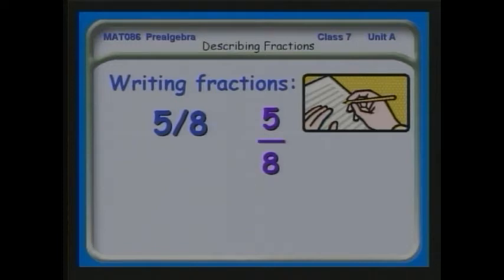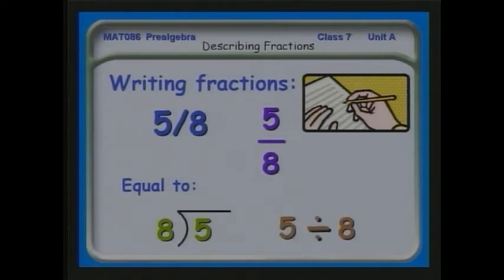5/8 will work. And it turns out those two representations are equal to 5 divided by 8, or expressing the division this way. So if you see 5/8 and you want to do math with it, it's actually equivalent to the operation of dividing 5 by 8.